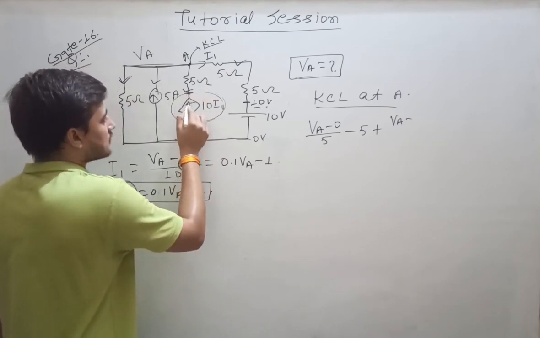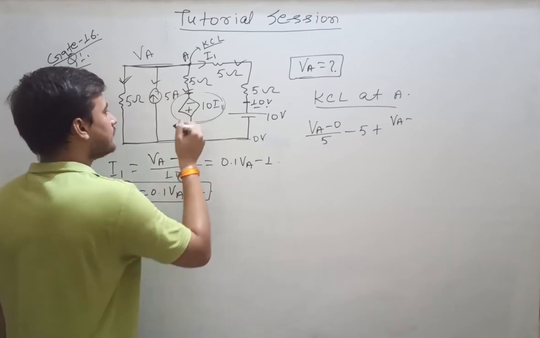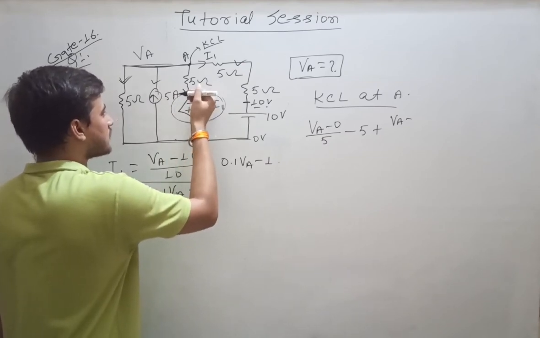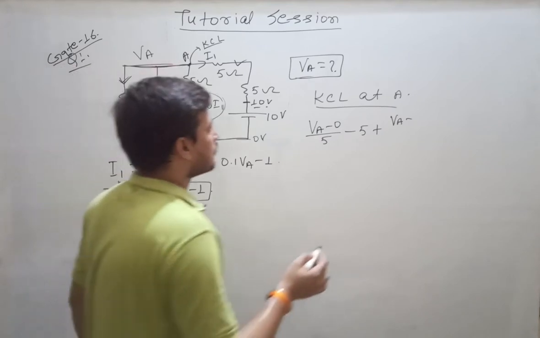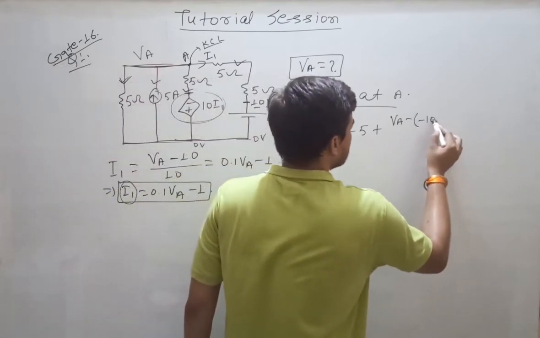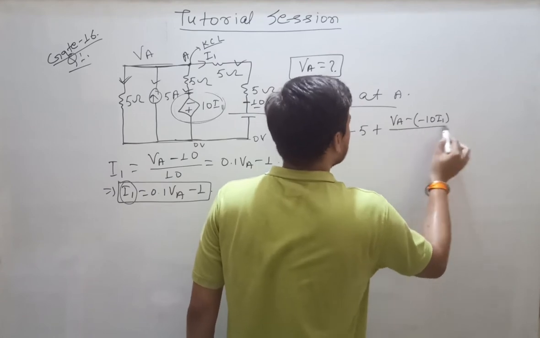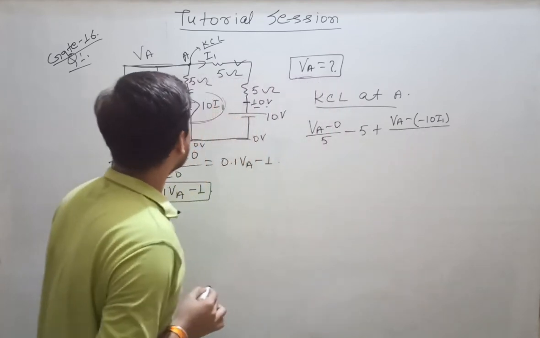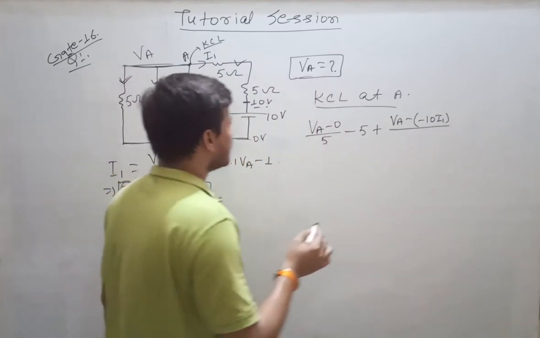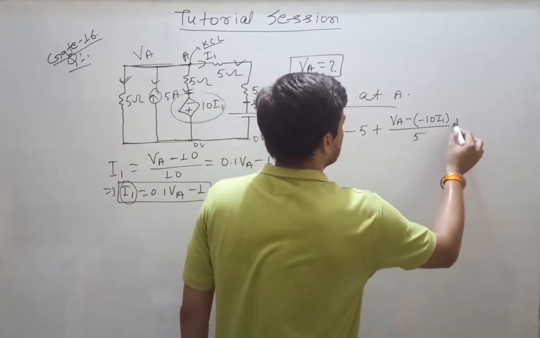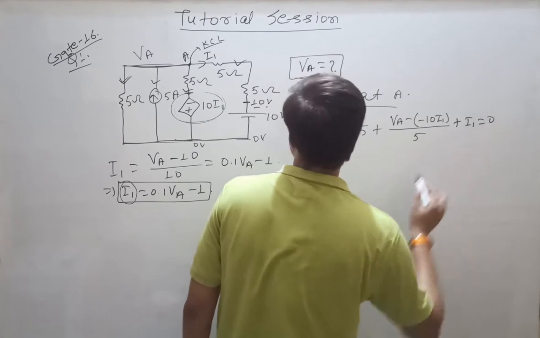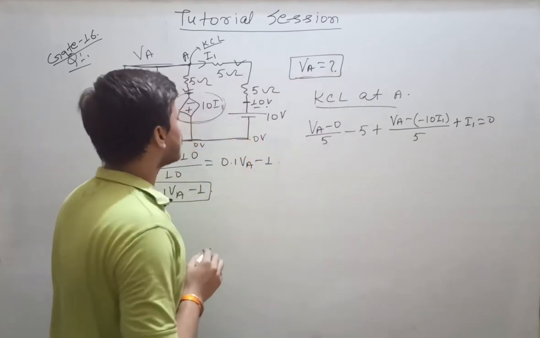This sign is plus, this sign is negative. If there is potential drop, then this potential is minus 10 I1. So we'll have to write VA minus of minus 10 I1 divided by 5 plus this current is I1 will be equal to 0.